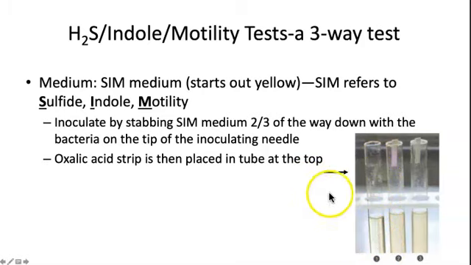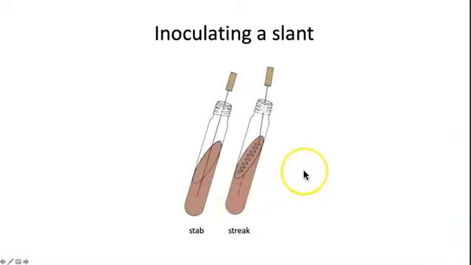And you would stick that needle down into the growth medium about 2/3 of the way down and pull it back out. And then you would place a little strip of paper, and you can kind of see that on the edge of this test tube. That paper is coated in a compound called oxalic acid, and that oxalic acid is used to detect the indole in the second test.